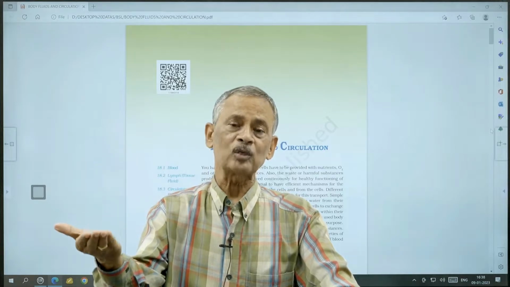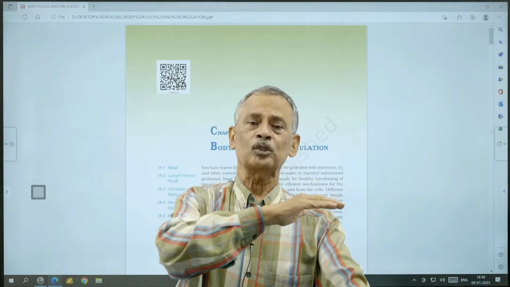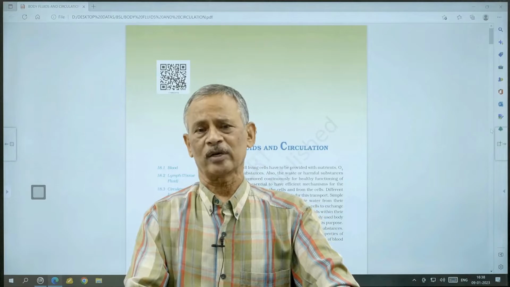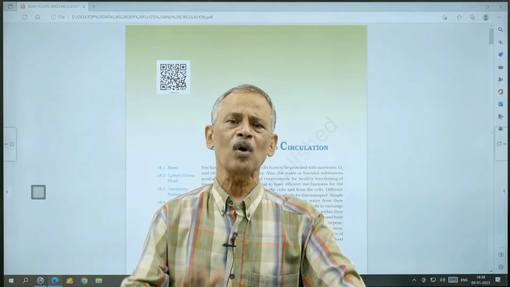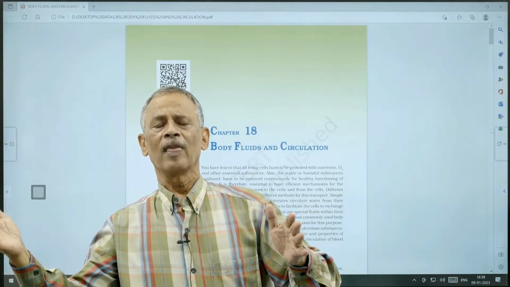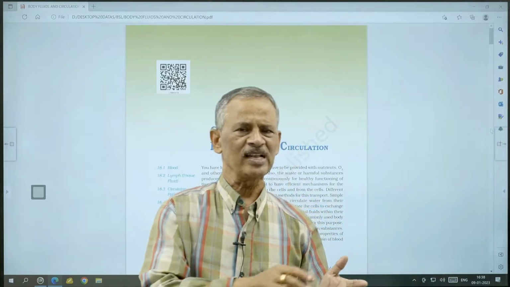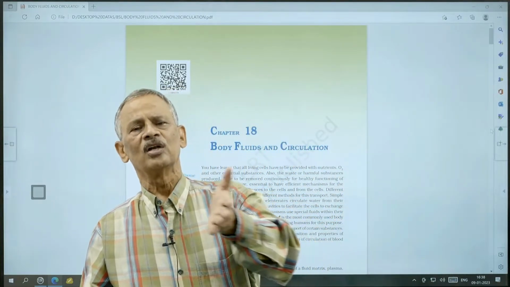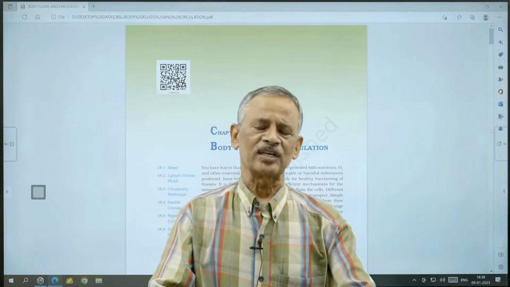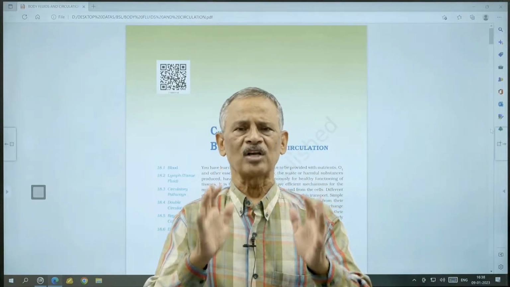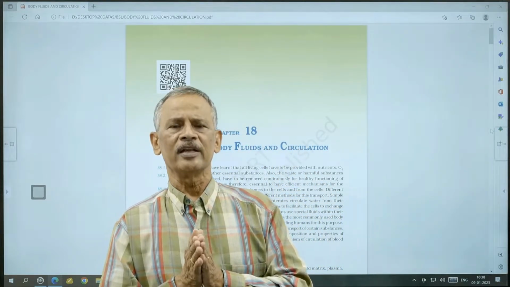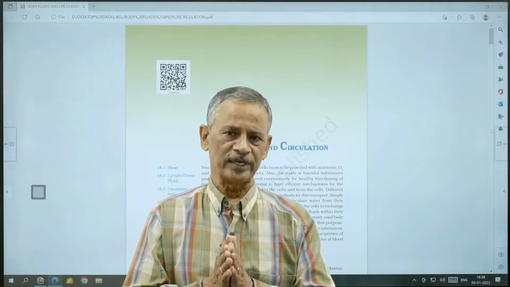These are to be transported to the excretory organs from where they will be sent out of the body. So continuously materials are to be transported to the cells and back from cells to the excretory organs. And this function of transportation is done by body fluids.